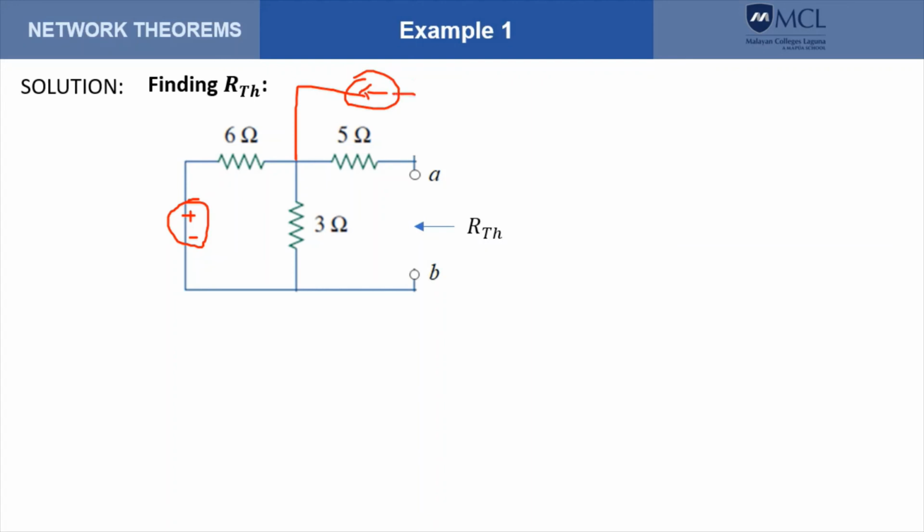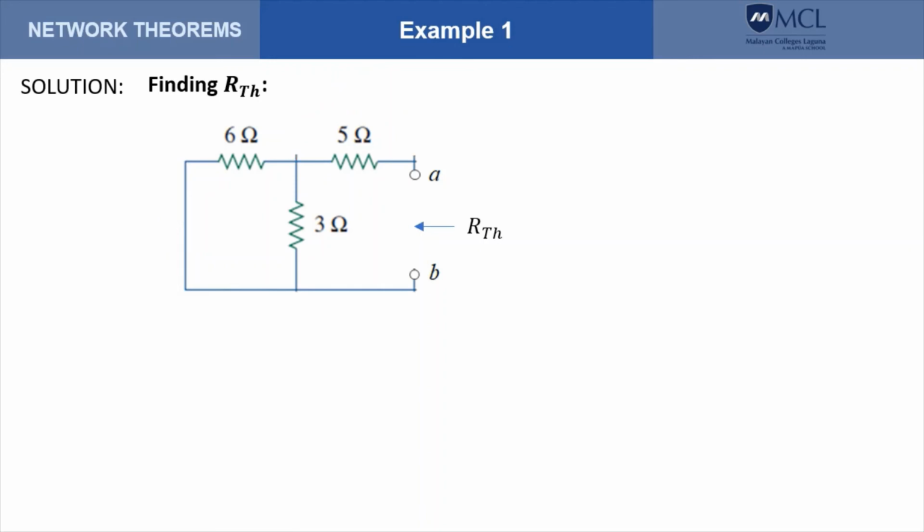So we disable those sources. Here we disconnect, and here we apply a short circuit. So that's why the circuit becomes like that.